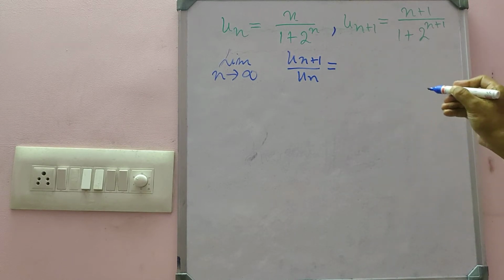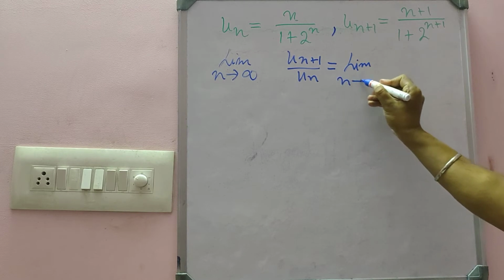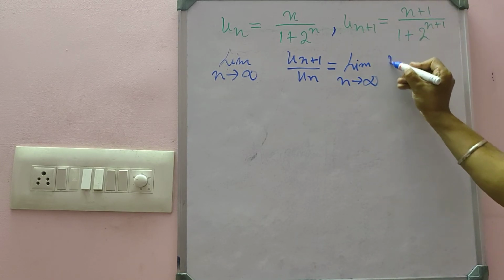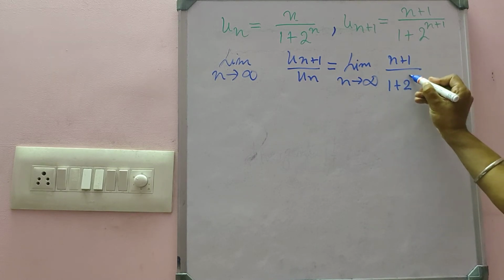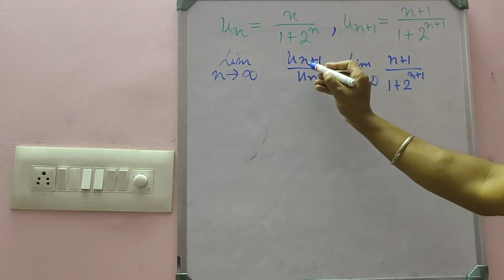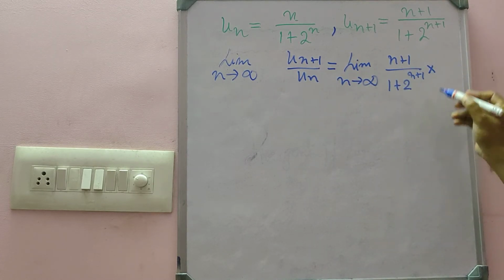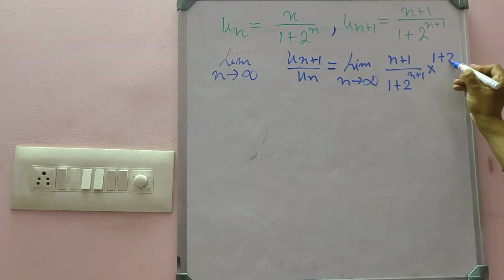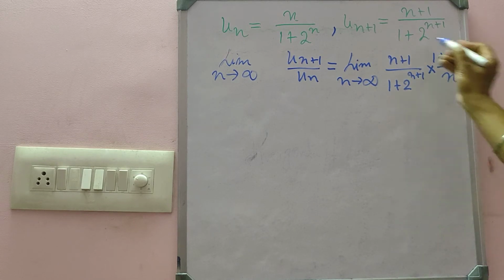Substituting the values, limit n tends to infinity of n plus 1 by 1 plus 2 raised to the power n plus 1, divided by un. With a multiplication sign, this portion gets reverted and becomes 1 plus 2 raised to the power n by n. Now simplify this part.